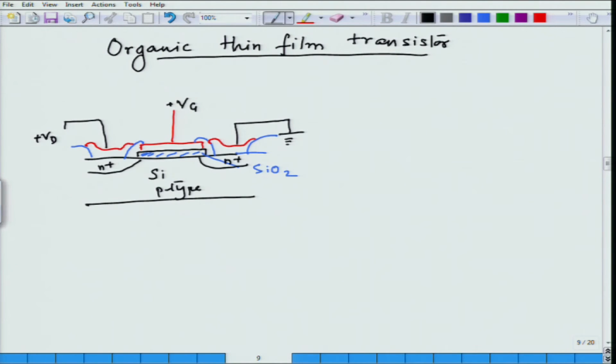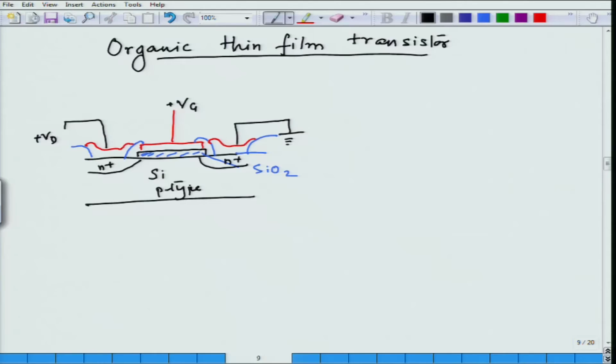Now, from MOSFET first we go to what is a thin film transistor. In this particular case I have to start with bulk silicon, and I waste a lot of silicon here, because the silicon wafers are something like 500 micron thick, and this layer that I have drawn is about 1 micron. So, this is not to scale. Obviously, this silicon layer is very thick, and the whole device is made in a few microns on the surface.